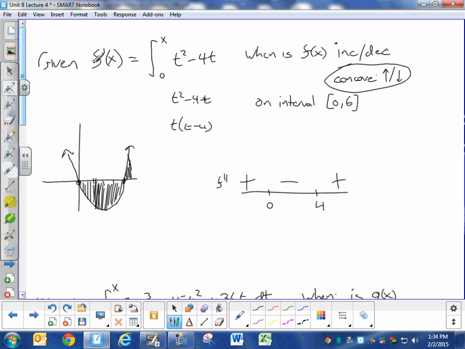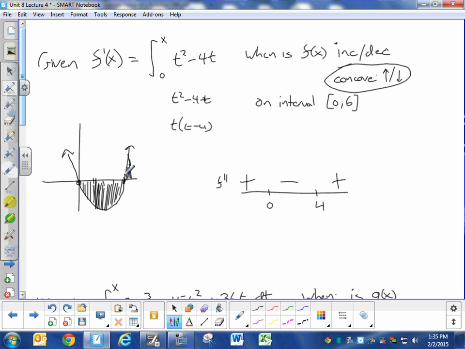So no matter what value I'm looking at, f prime is always going to be, oh, no. Yeah, it looks like we're going to be decreasing everywhere. Because f prime is definitely negative everywhere from 0 to 4 for any value.